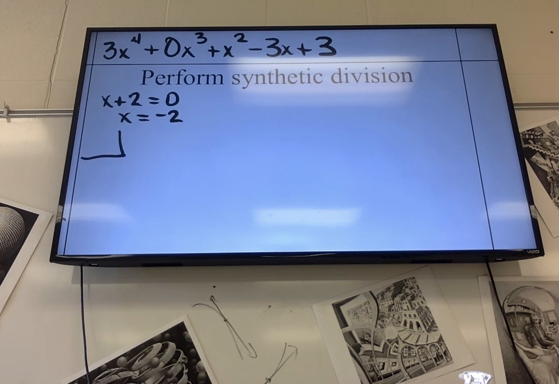So in the box, I put negative 2. Now beside it, I have 3, 0, 1, negative 3, and 3.